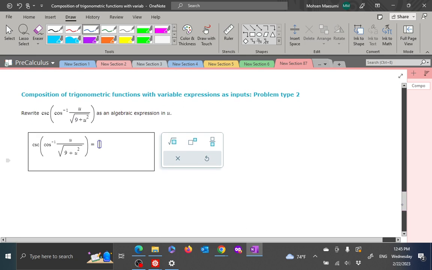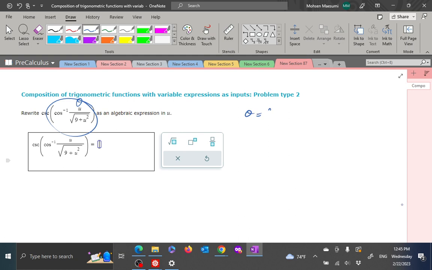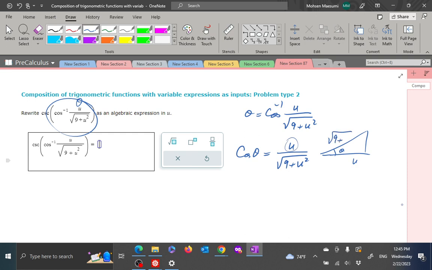Okay, well, you have one more. Cosine inverse. So again, this is our angle theta. Theta is cosine inverse of u over radical 9 plus u squared. So it means cosine of theta is that quantity. The easiest way to match this to a triangle is to say this is angle theta, this is my adjacent, and this is the hypotenuse. Well, that tells me the other side had to be 3.